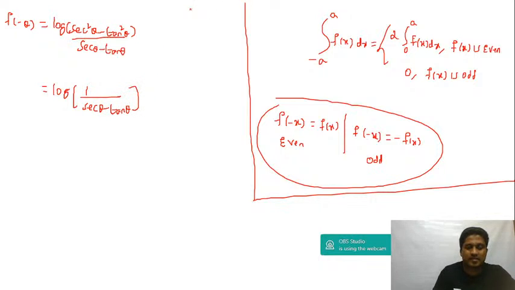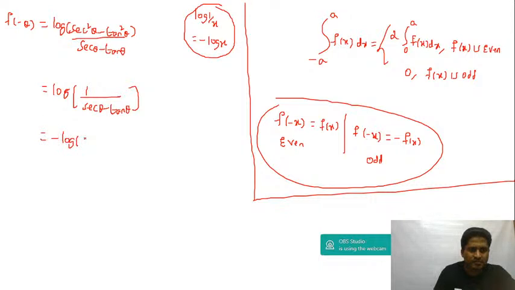When you have log of 1 by x, it is the same as minus log x. So log of 1 by sec minus tan will be equal to minus log of sec minus tan.